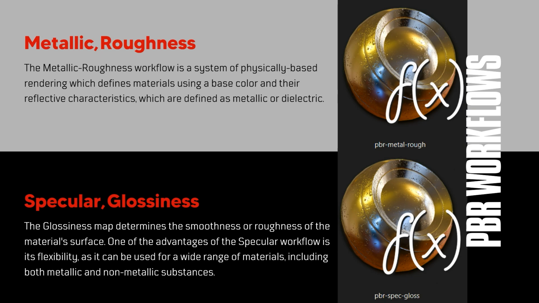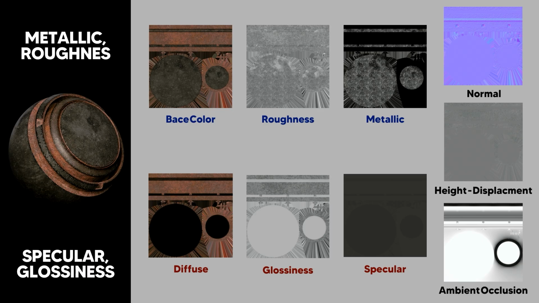We base our projects on the metallic roughness workflow in this course, and we will go deeper into this topic and workflow. Overall, when we want to export our textures from Substance Painter, we have six basic maps. Sometimes we have other maps, maybe like opacity, but we won't talk about it now.